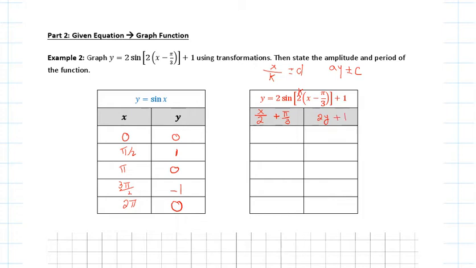Remember this mapping transformation. Now we're going to take the x values, divide them by 2, and then add pi over 3. So 0 divided by 2 is 0, plus pi over 3, that's pi over 3.